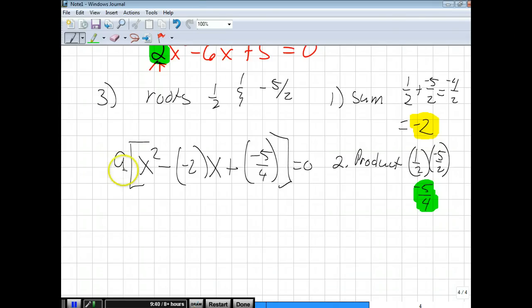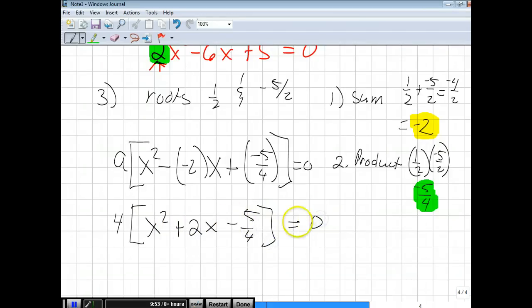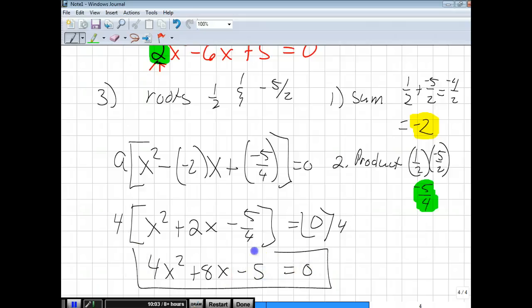And in this case, a has to be 4, because we need to clear this fraction. Okay, so we get 4x squared plus 8x minus 5 equals 0. So this is the equation whose roots are 1/2 and negative 5/2.